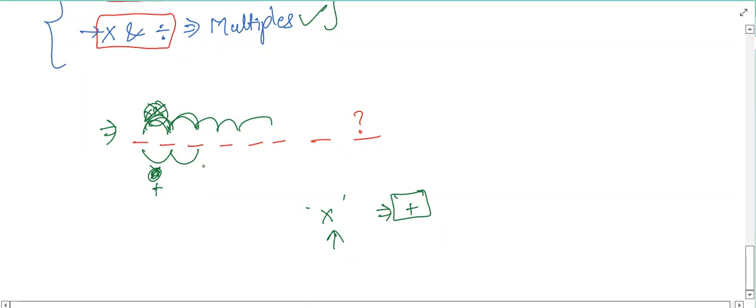So we have to decide based on the gap. If the number-to-number gap is high, it is better to take multiplication.